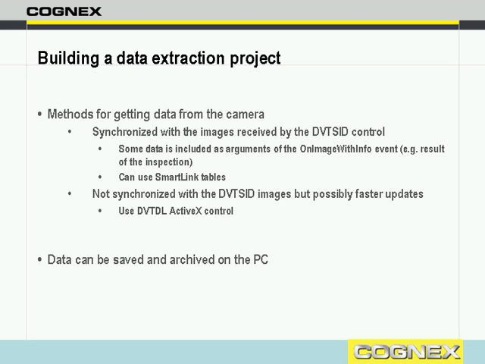But it's just something that you can use, for example, to create unique file names as you're saving images, just like we did in the previous example, except that we kept the counter on the VB side of things. But you can use that to extract result of inspection, that type of data.